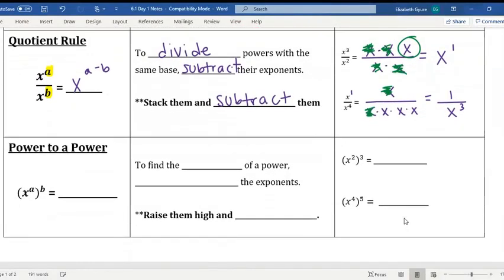All right, and then our last rule for today, and then we're just going to be practicing them, is power to a power. Power to a power is going to look like this. You're going to have your variable with your exponent in parentheses, and then you're going to have another exponent up at the top. And here, to find the power of a power, you multiply the exponents.